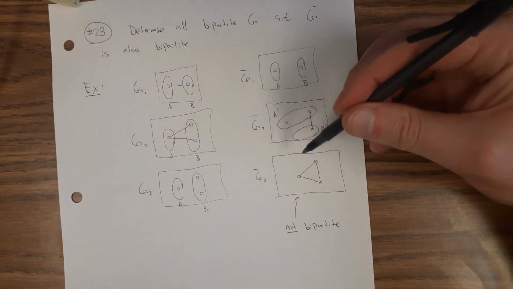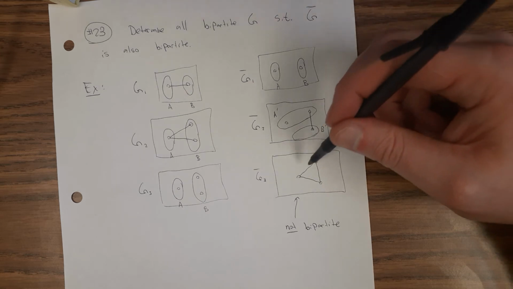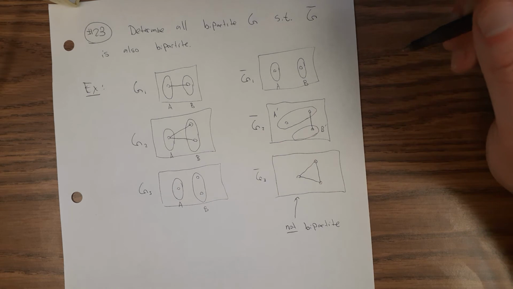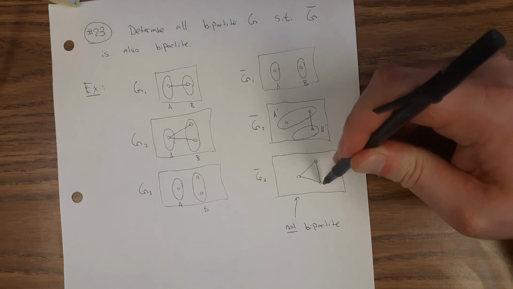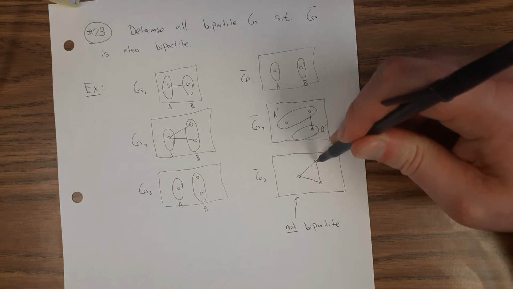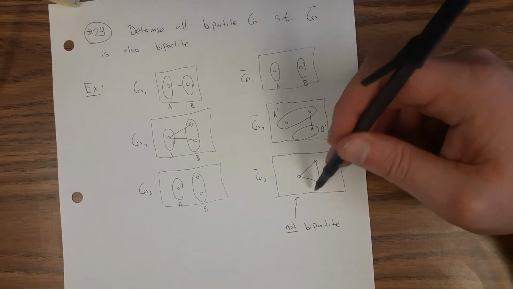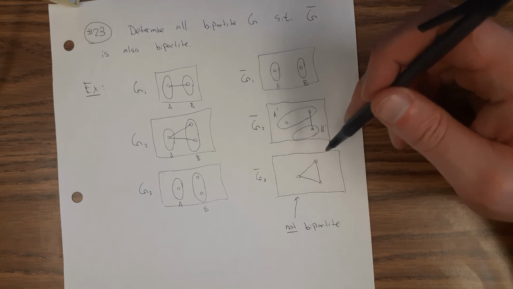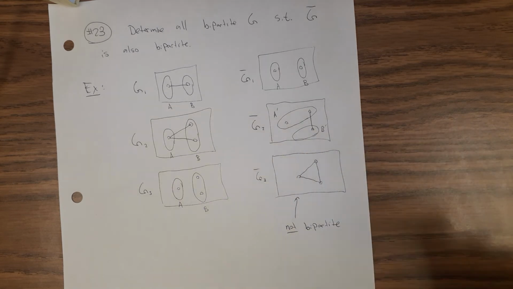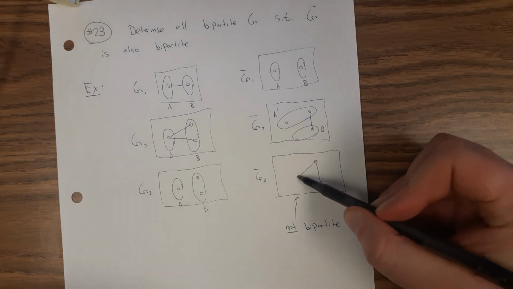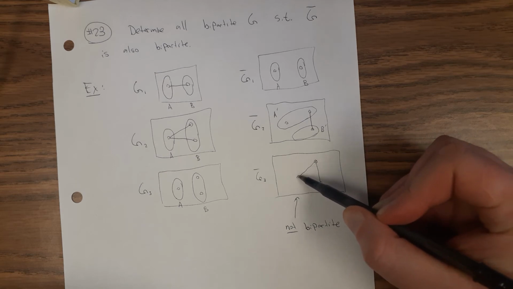A bipartite graph can't have three vertices that are all adjacent to each other, also known as a triangle, because imagine that we had our two sets, A and B, and that they were a valid bipartition of this graph, meaning every edge has one end in A and the other end in B. Then say I look at these two vertices: one of them has to be in A and the other has to be in B, right?